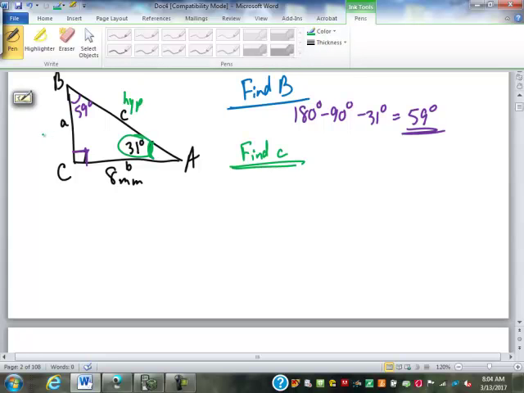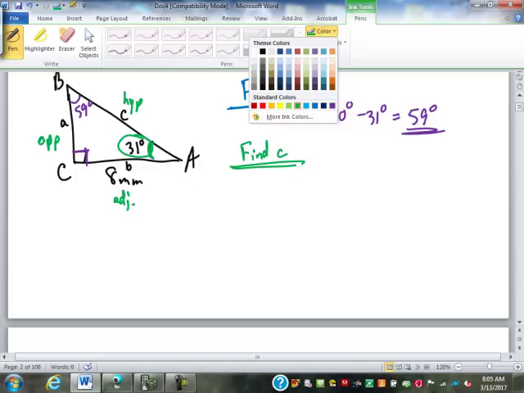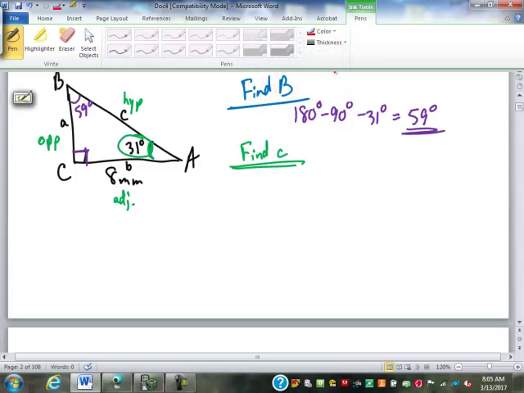Side A is the opposite. And side B down here, adjacent. So if I am looking for side C, again, I look at what I'm given. From angle A, I'm given the 8 millimeters, which is the adjacent side.